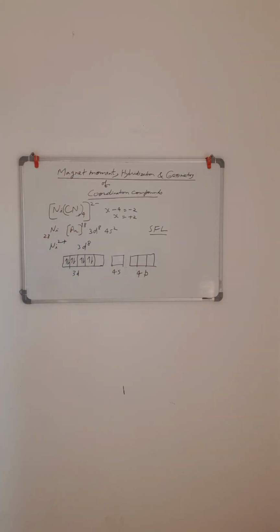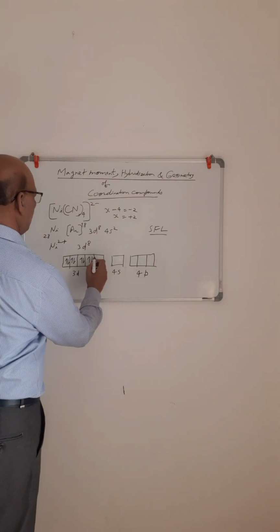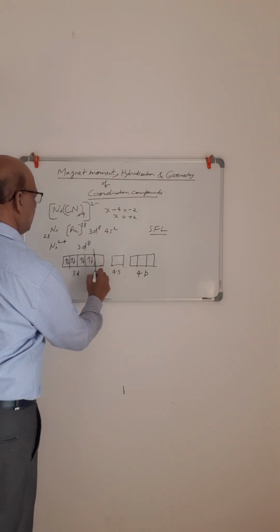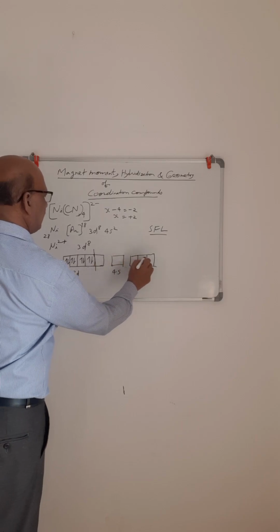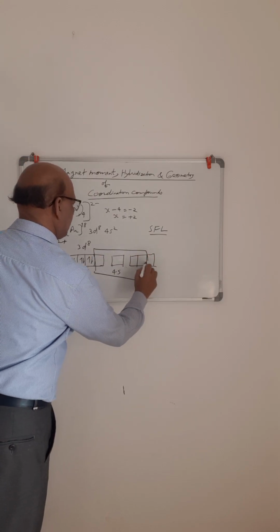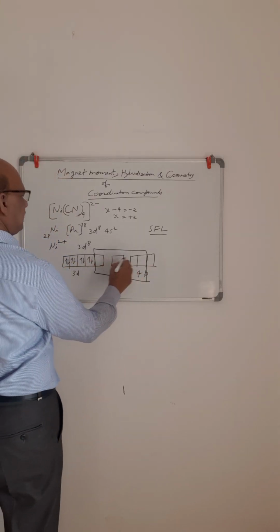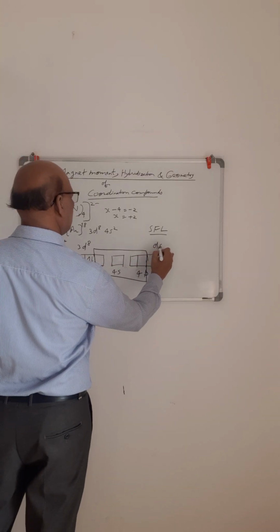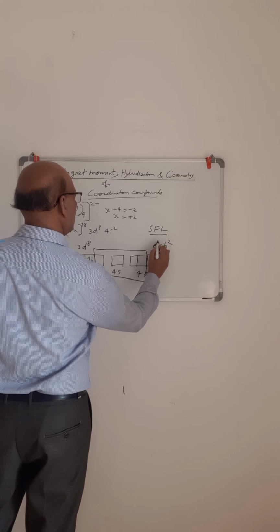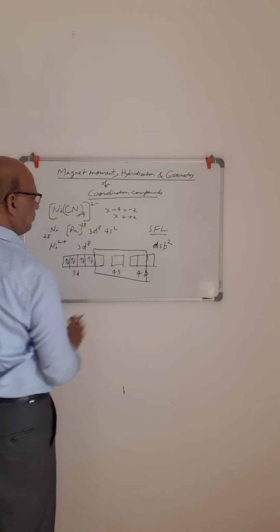Okay, now there are 4 ligands, so they need 4 empty orbitals. Okay, so 1d, this d is 1, 2, 3, 4. So these 4 orbitals will do the hybridization, that is dsp2. So hybridization will be dsp2, because 1 empty orbital of d, 1 s and 2 p orbitals.